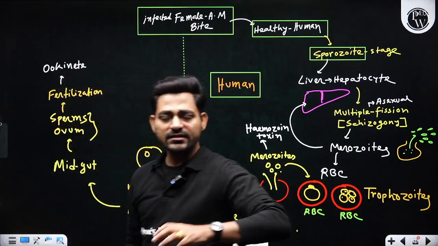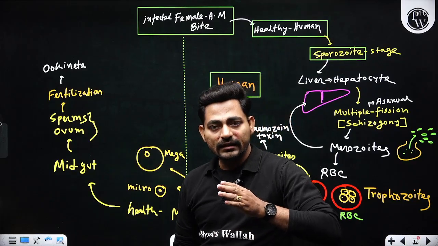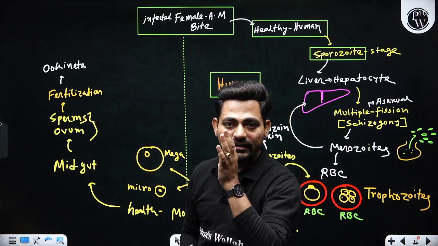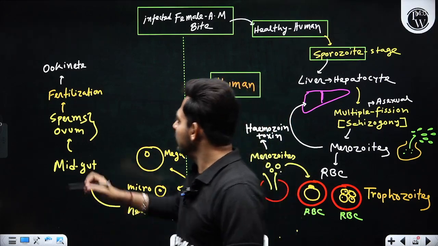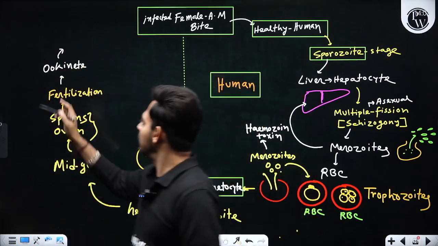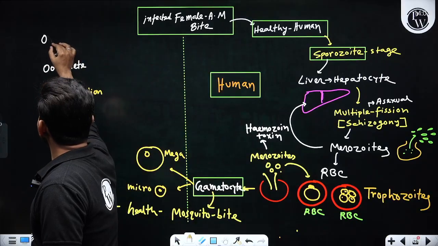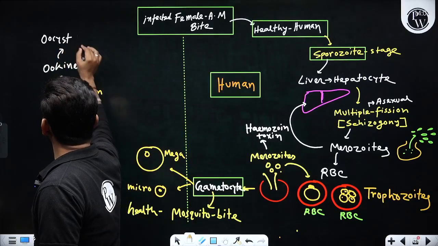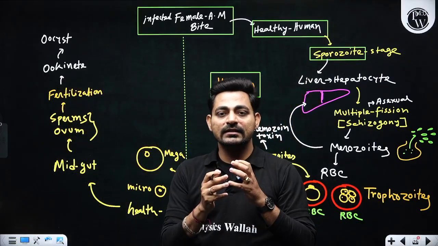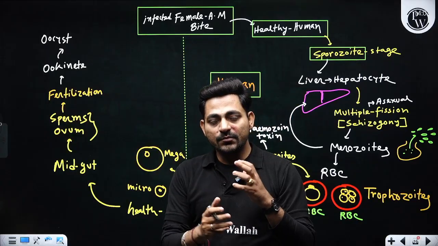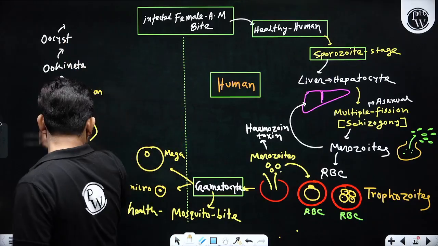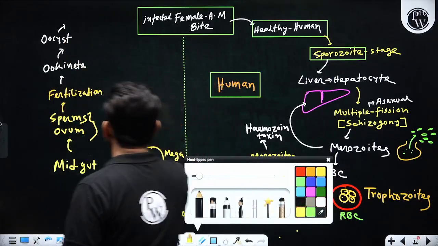Now this ookinete will penetrate the gut wall, and gradually when it has entered the gut wall, it will become stable. We call it oocyst. Now when the cyst is formed, inside the cyst again there will be sporogony.